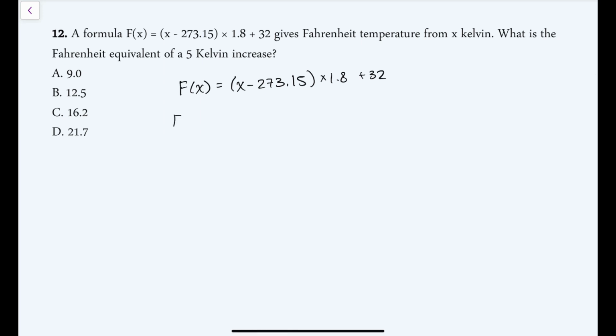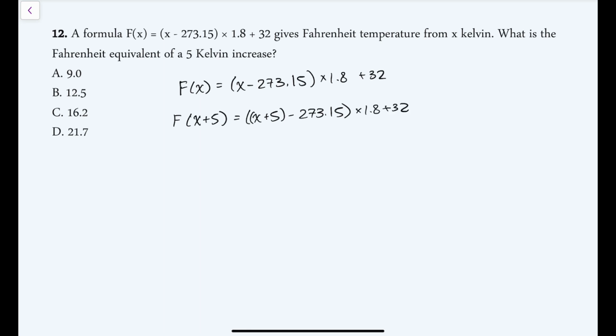And now we're saying, what if it increased by 5 Kelvin degrees? So x plus 5 is x plus 5 minus 273.15 times 1.8 plus 32.